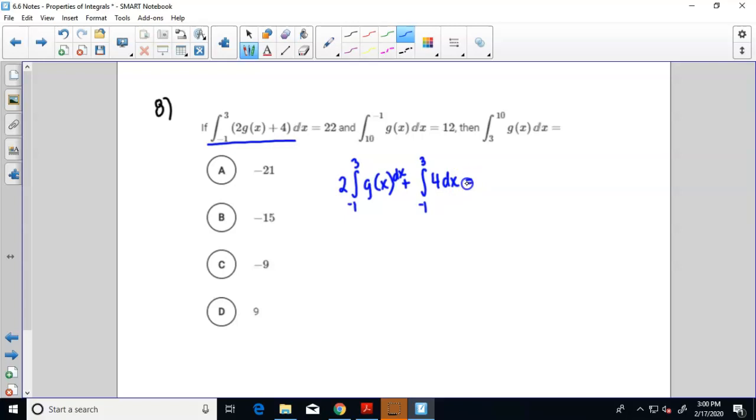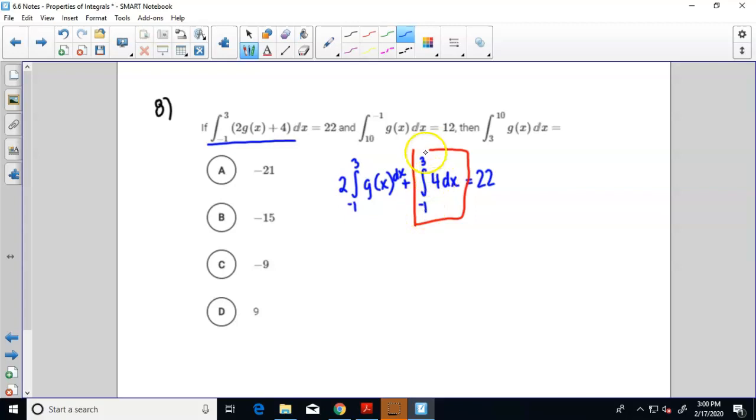That would equal 22. So this integral from -1 to 3 of 4, we can figure that out, right? Because that's just a constant. So, Hannah, what would we get whenever we do that? The integral from -1 to 3 of 4 dx. It's going to be 16.